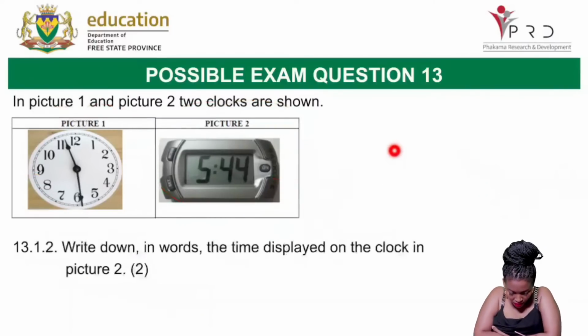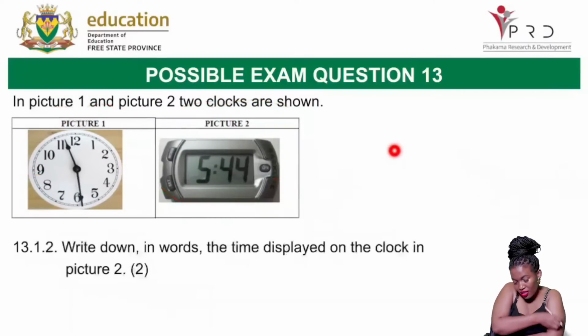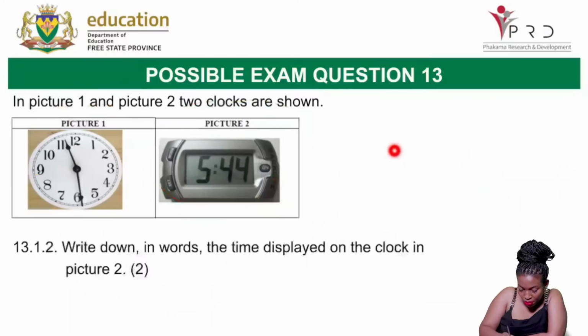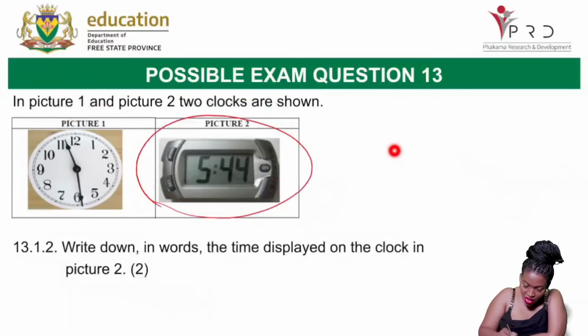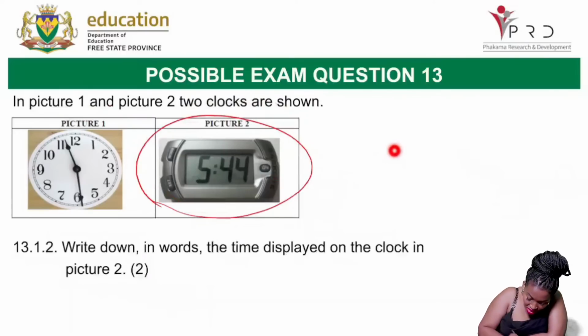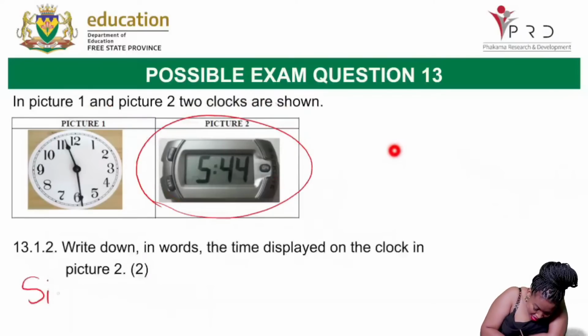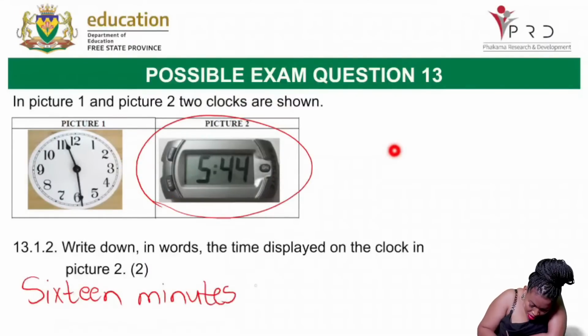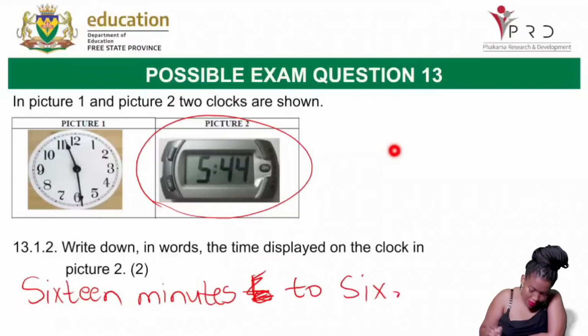The next question: you must write down in words the time that is displayed in picture 2. So this is 5:44. Guys, there's no such time as 5:44. You must say it properly. So this is actually 16 minutes to 6.